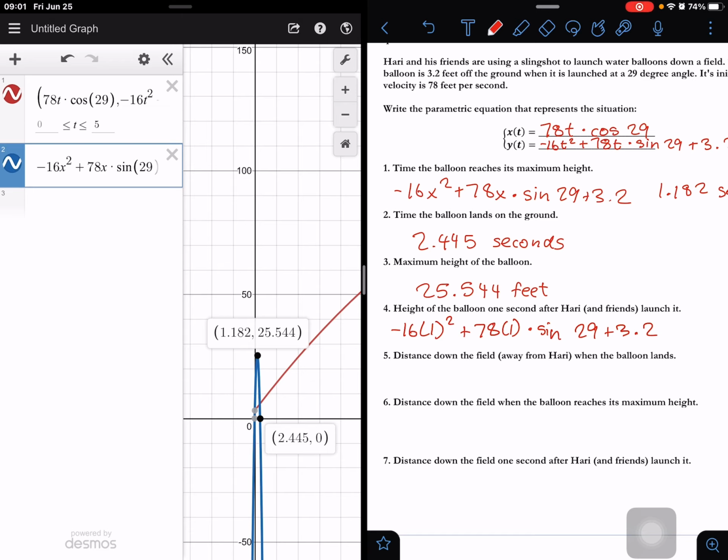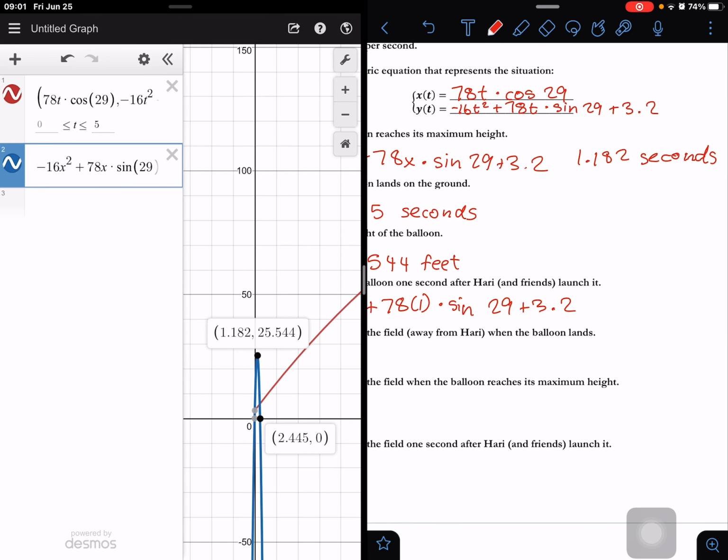I'm also doing all this on my Casio, by the way. After plugging all of this in, you end up getting a height of 25.015 feet, roughly.